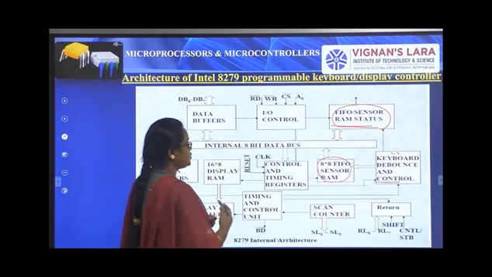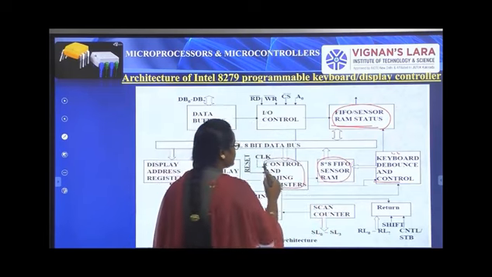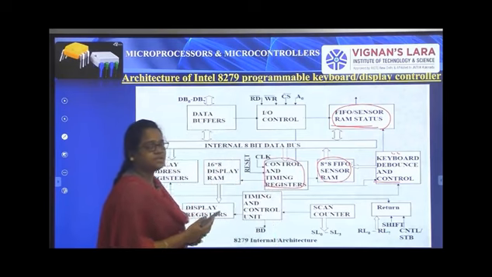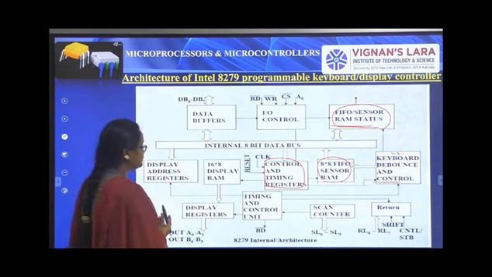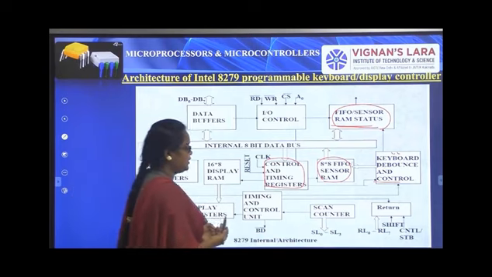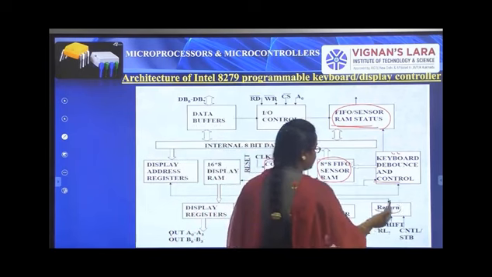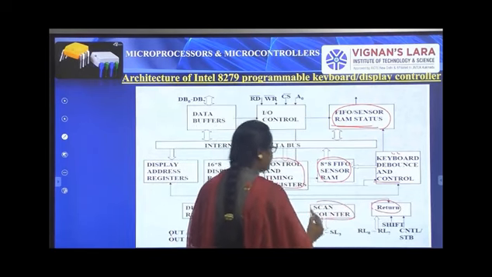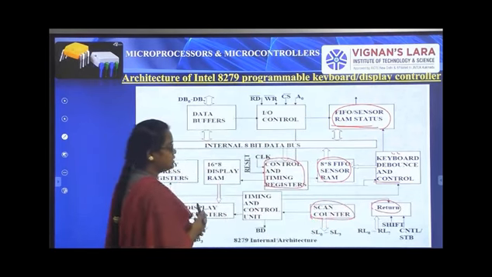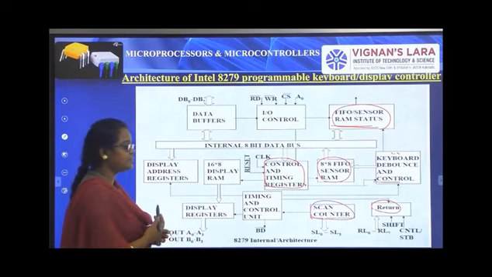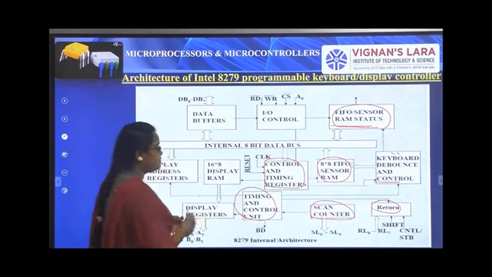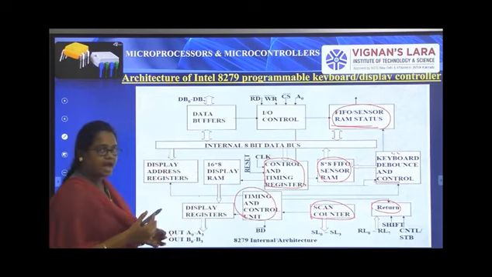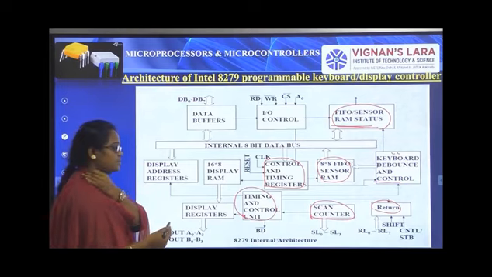For the operations, we use timers and control in the architecture. We have timing registers, and whatever is pressed will be scanned by the scan counter. The timing and control unit maintains the timing by using timers.